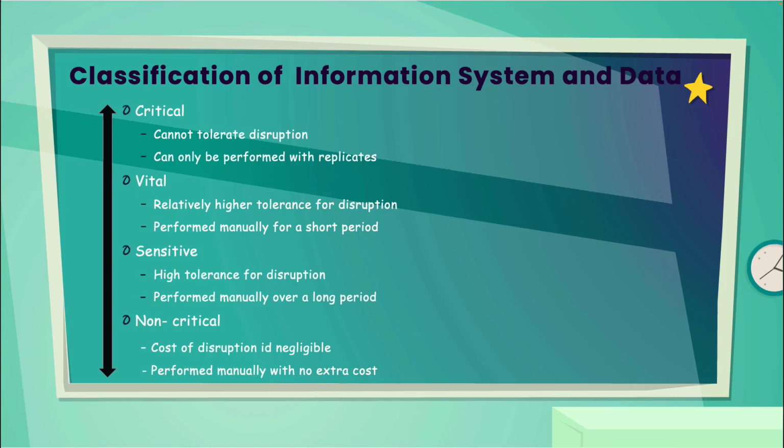Vital systems have relatively higher tolerance for disruption than critical systems, and thus the cost of their disruption would be relatively lower than the cost associated with the disruption of critical systems. The system's functions may be performed manually, but for a limited time. So under adverse circumstances, you can do that manually for a certain period of time.